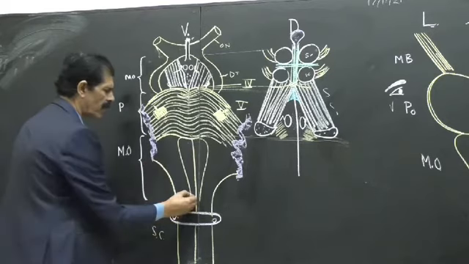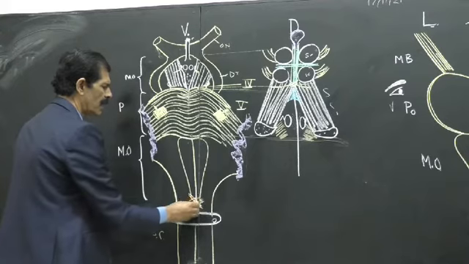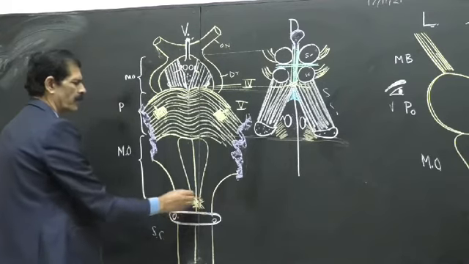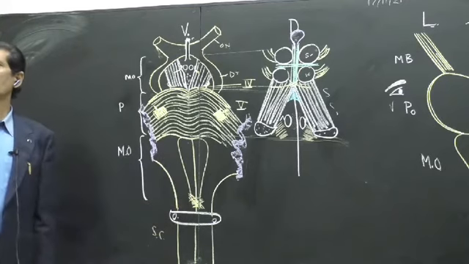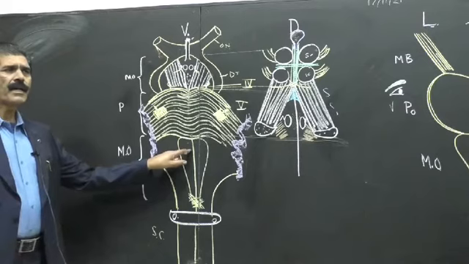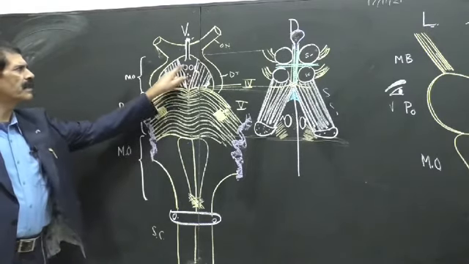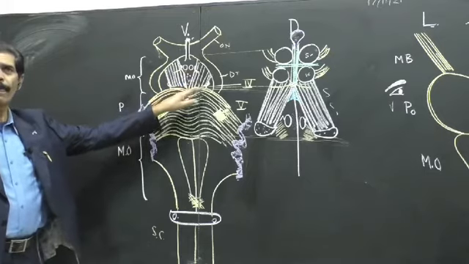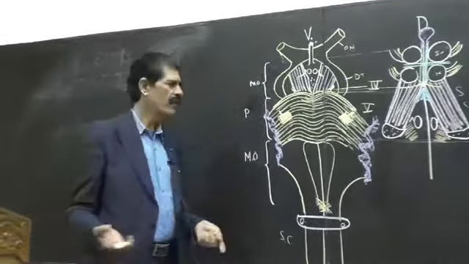And in the lower medulla, 80% of them decussate, forming the pyramidal decussation, which is only the tip of the iceberg. Actually, crossing is occurring deep to it. So this is the pyramid made up of white matter. Anything you are drawing, you should know which is grey matter and which is white matter, because every part of the brain is made up of grey and white matter.